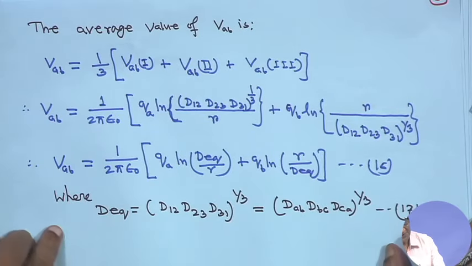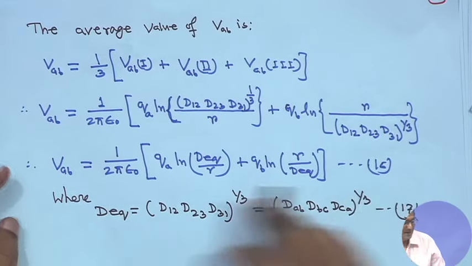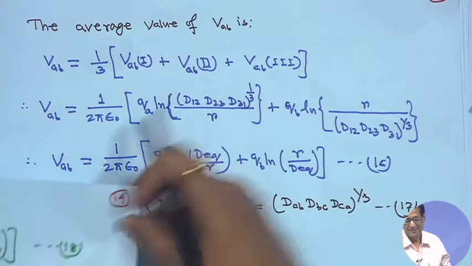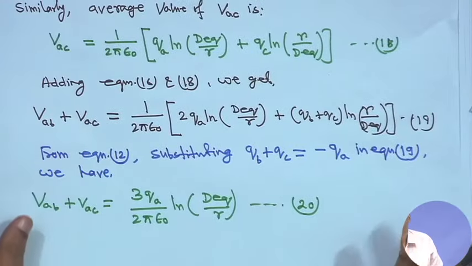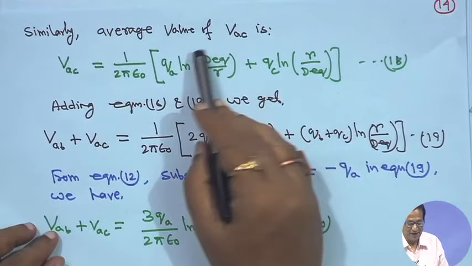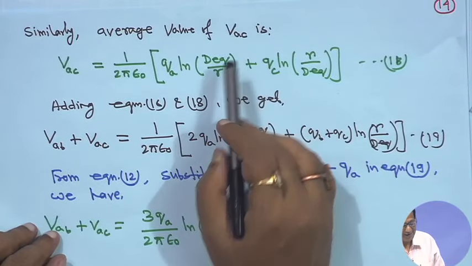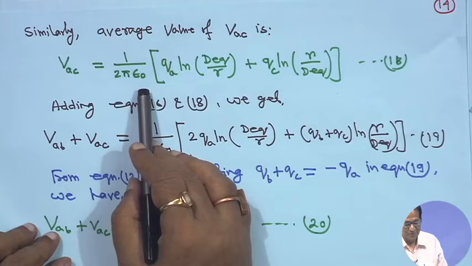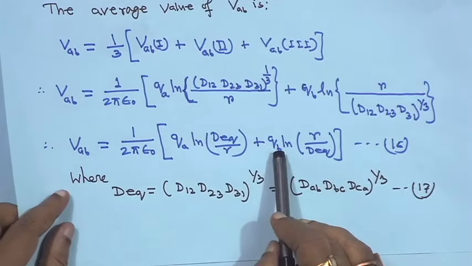So, this is the average value of V ab, right. Similarly, this is an exercise for you, because I have done V ab for you, right. Similarly, the average value of V ac from inspection you can write. Look, here it is V ab, q a and q b, right.